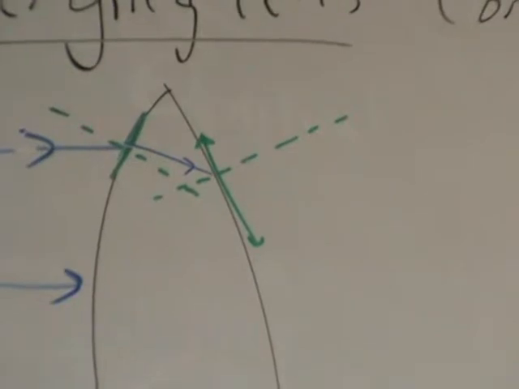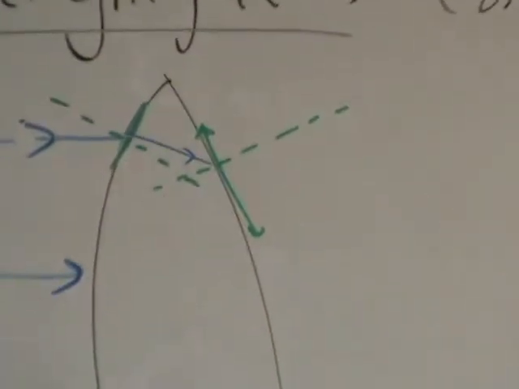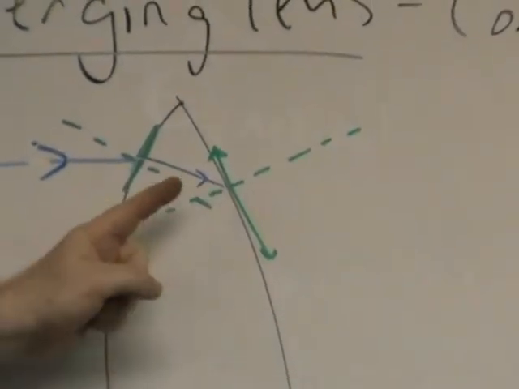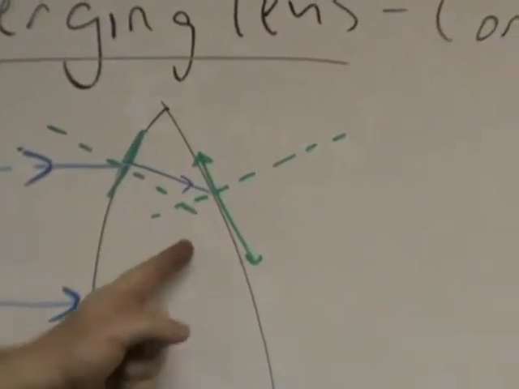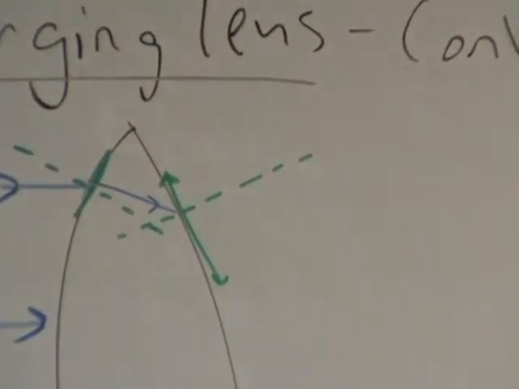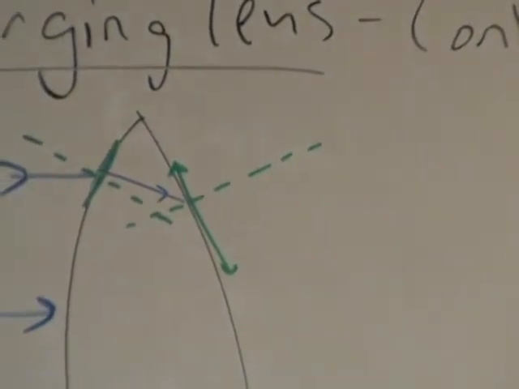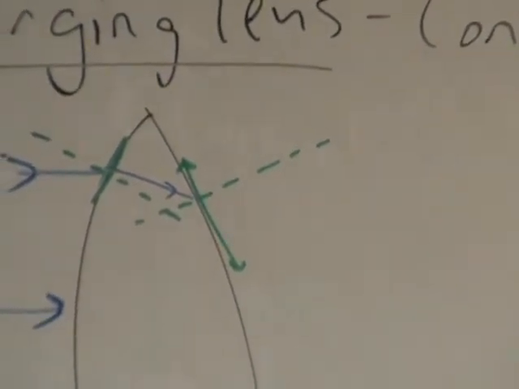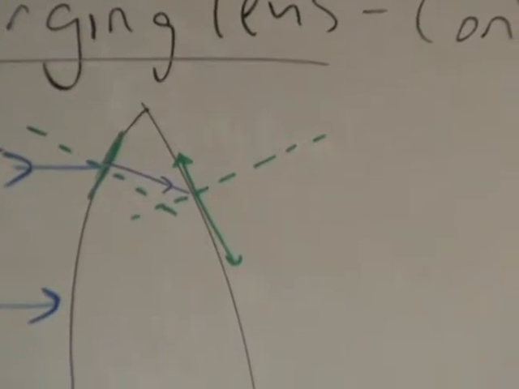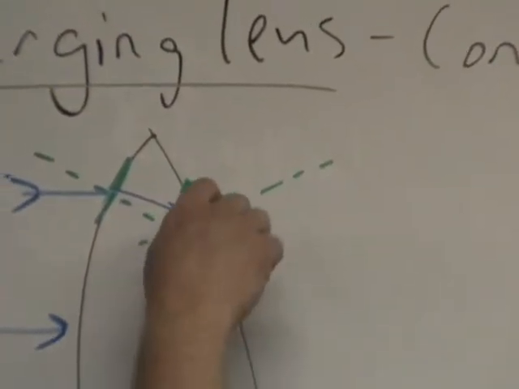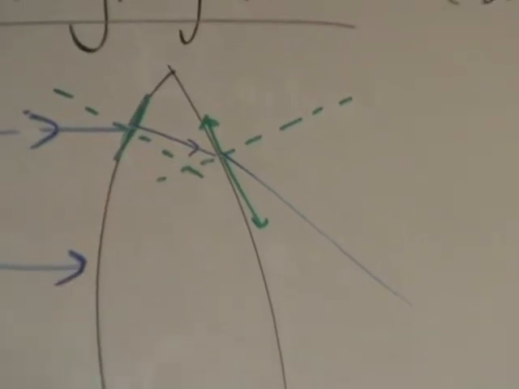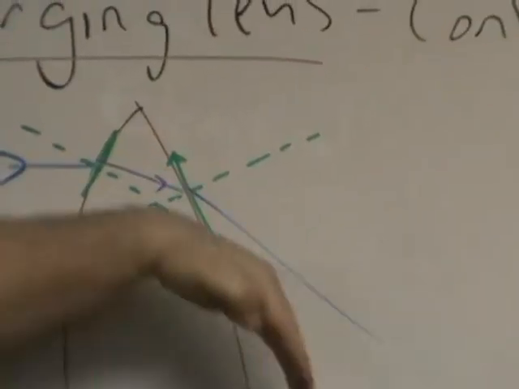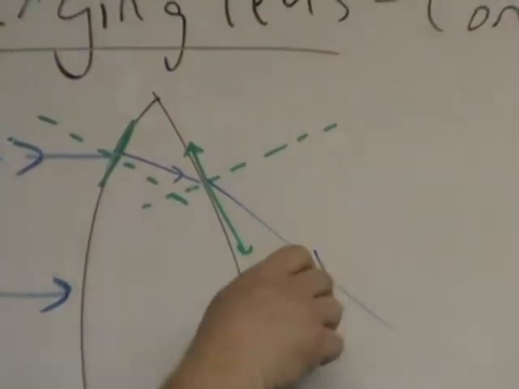Tell me, because I'm going from glass into air, from a big index of refraction medium into a low index of refraction medium, does my ray refract away from the normal or towards the normal? Away. So do you see, at both boundaries, my ray refracted downward here.